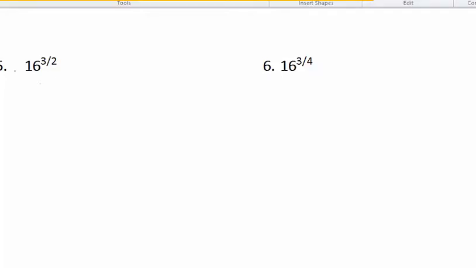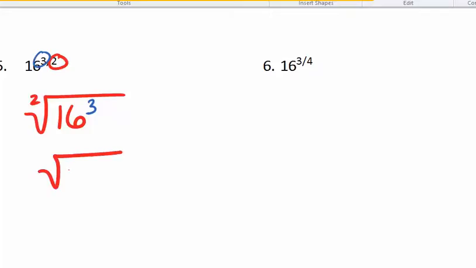All right, in number 5, we're going to change that to a radical. Index is 2, 16's our radicand, and 3 is our exponent. Now, what you could do is you could do 16 cubed and then do the square root of that number. But remember how earlier in the video I said these are interchangeable in how you approach those steps.